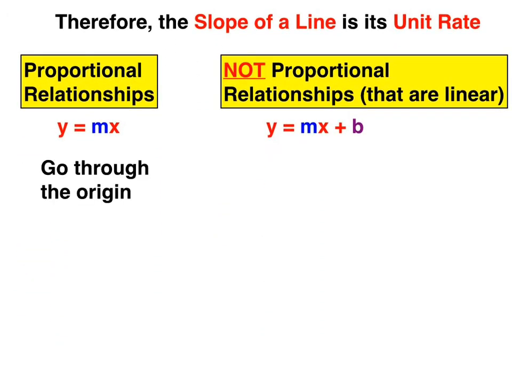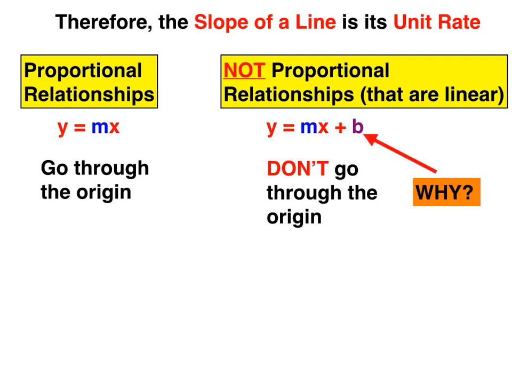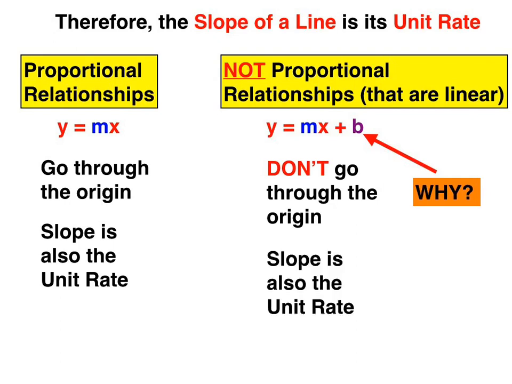Proportional relationships go through the origin. Linear functions that are not proportional do not go through the origin, and the reason is that they have a y-intercept that is not 0. The slope is the unit rate in a proportional relationship. In a linear function that's not a proportional relationship, the slope is still the unit rate.